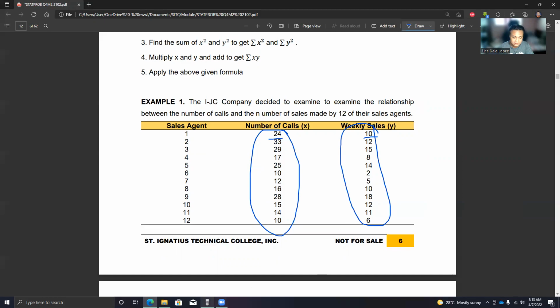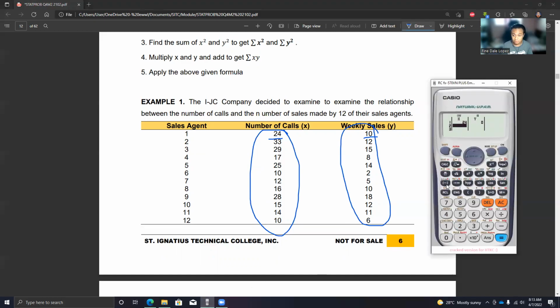So we have 24, 23, 29, 17, 25, 10, 12, 16, 28, 15, 14, 10. Okay, and then let's go back. We have 10, 12, 15, 8, 14, 2, 5, 10, 18, 12, 11, and 6.